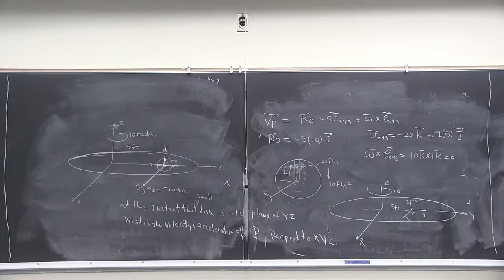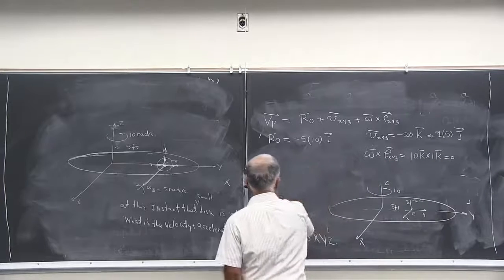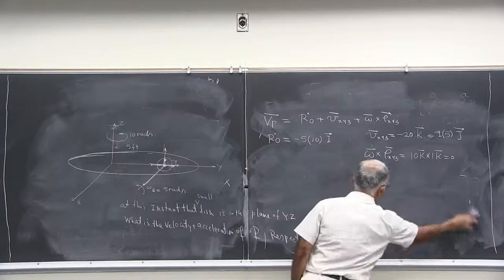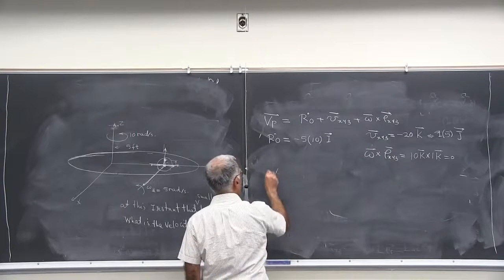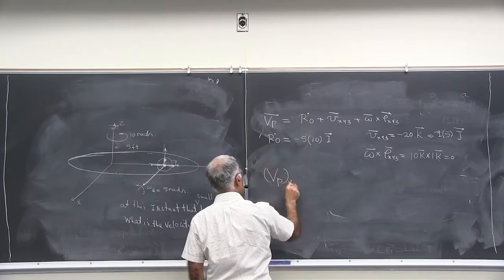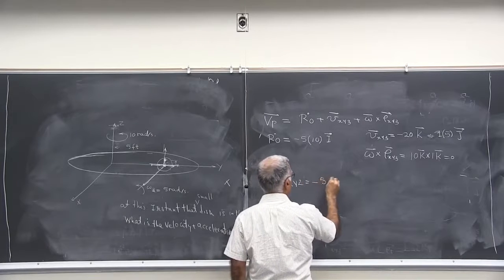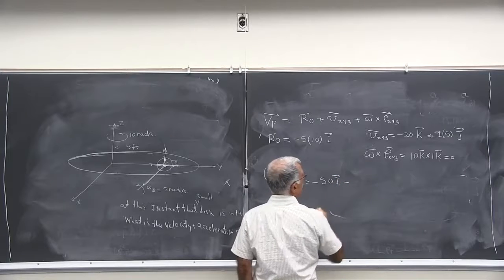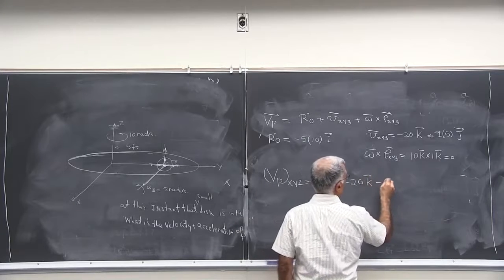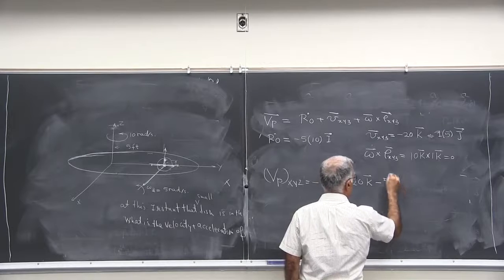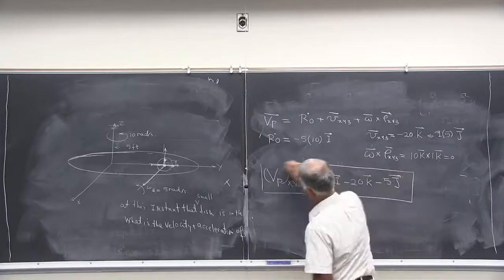So therefore, the velocity of point P with respect to main reference frame is equal to minus 50I minus 20K minus 5J, and that's it at this instance.